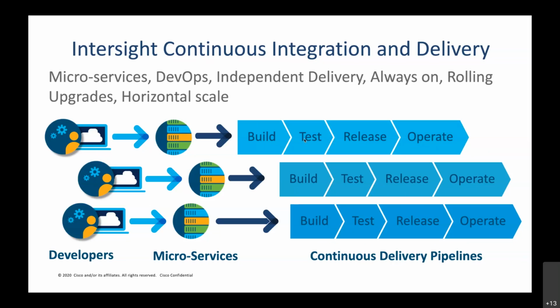Similarly, Cisco Intersight is probably one of the most agile pieces of software that Cisco is building today. We built this based on microservices, so it's fully built upon modules, and this allows us to upgrade it and add new features on the fly, continuously, while operating 24/7.